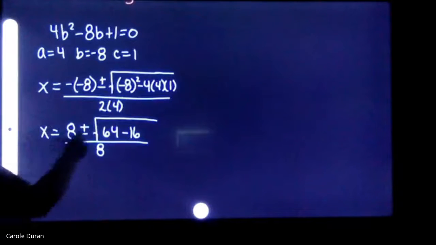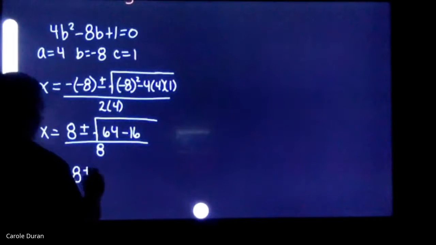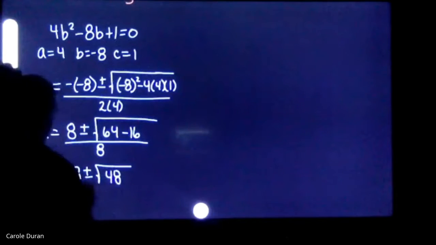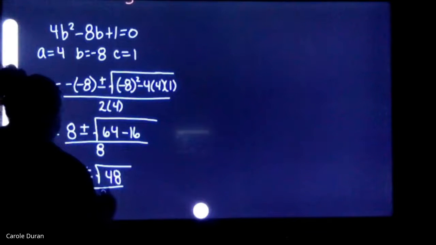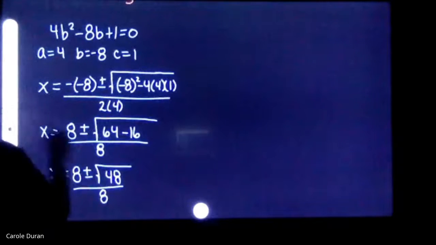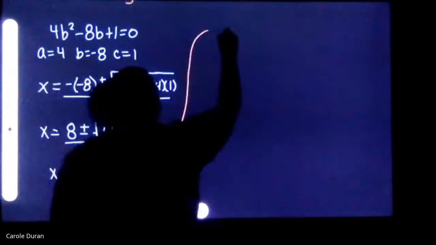I can go ahead and do 64 minus 16. When I do, I'm left with 48 under the radical. I am almost done, but now I need to simplify that square root of 48. So I'm going to take it off to the right-hand side, and we're going to simplify it like we have been.